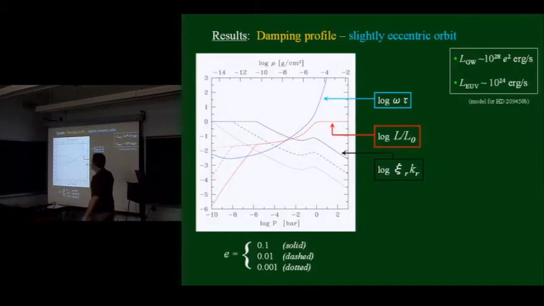So here's an example of a model built for HD 209458b, where the luminosity in gravity waves is 10 to the 28 ergs per second, and in stream UV that it's receiving about 10 to the 24. So here is altitude horizontally going outwards, and vertically I've plotted three dimensionless quantities.